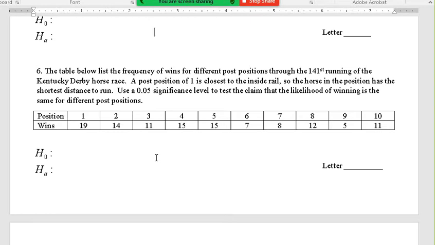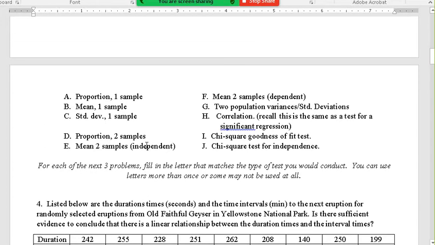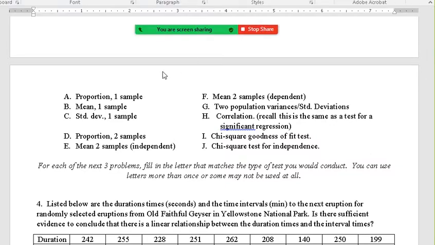Do they all win with the same frequency or not? That's what we need to test. So, well, what can we eliminate? Let's take a look at what we can eliminate. Is there something we can eliminate here of all these? Somebody in the chat, throw out some letters or something that we can eliminate.